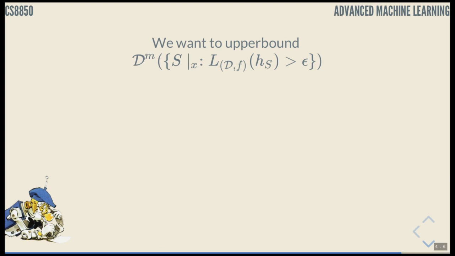So we want, just back again to the point, we want to upper bound the probability of this misleading set. So now we want to upper bound the probability of getting a training set on which our true loss will be unacceptable, greater than epsilon. We know that this set is a subset of the misleading set, probably a proper subset, we don't know.